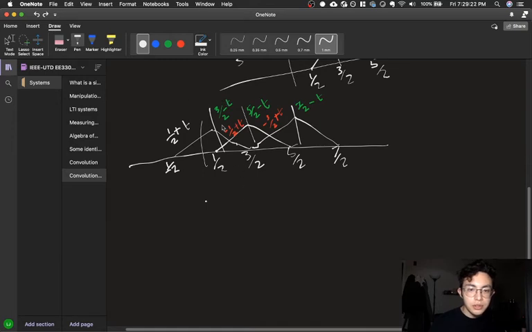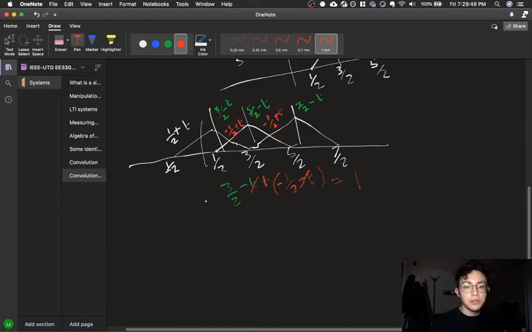Notably, 3/2 minus t plus negative 1/2 plus t. Notice that the minus t cancels, and then minus 1/2 plus 3/2 is going to equal 1.